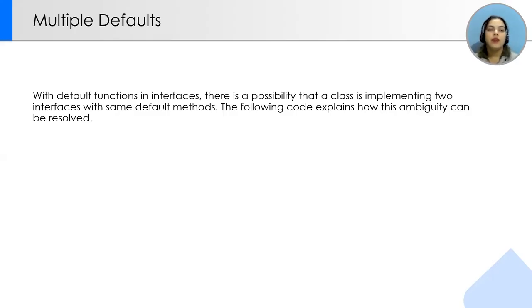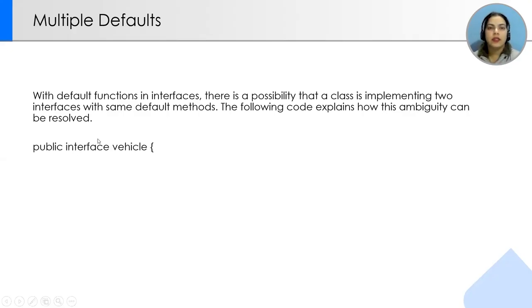When we have a default function in an interface, it is possible that a class implementing two interfaces with the same default method can have ambiguity. Let's understand this with an example.